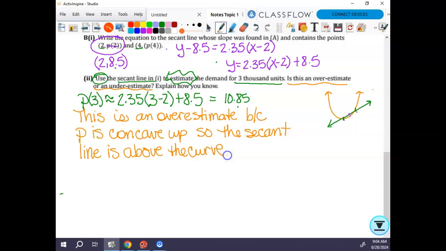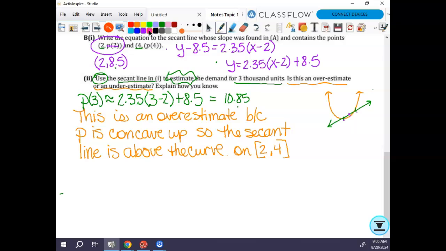Now, let me ask you this. Is the secant line always above the curve? No. And here's the part we can't leave off for sure. P is concave up, so the secant line is above the curve on 2 to 4. Then let me ask you this.